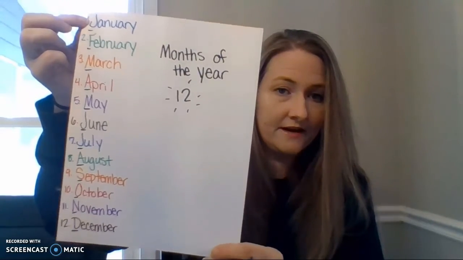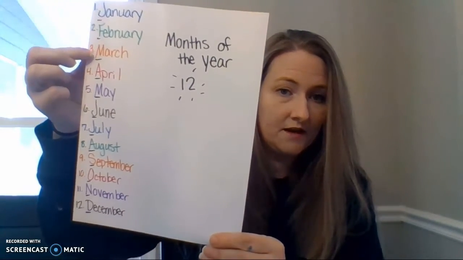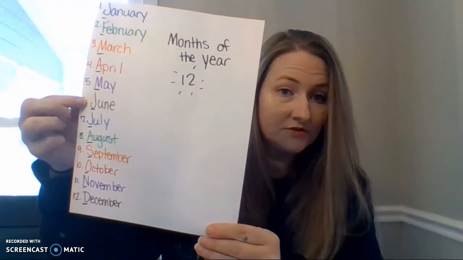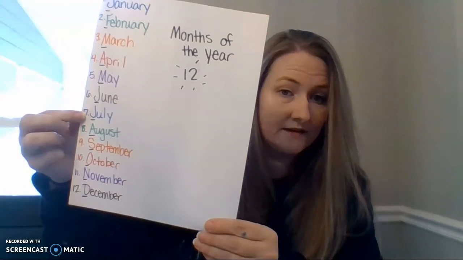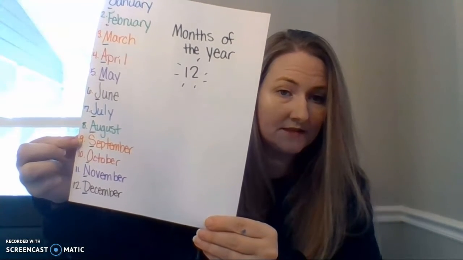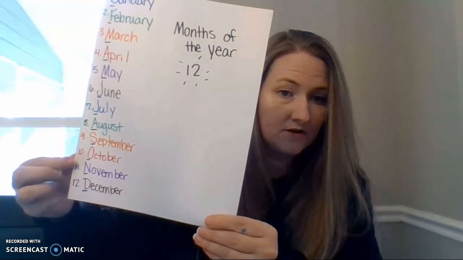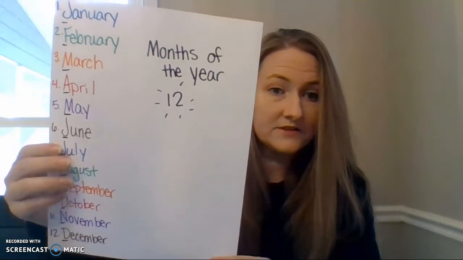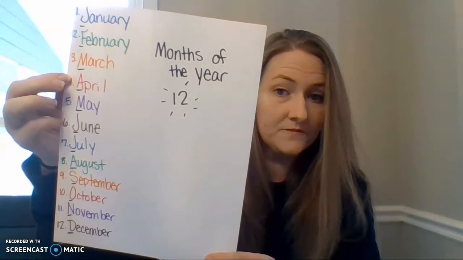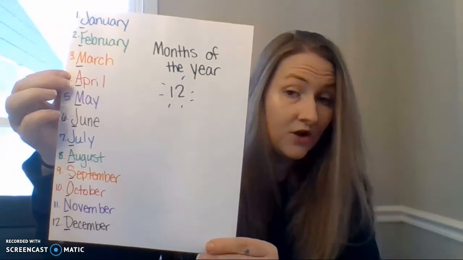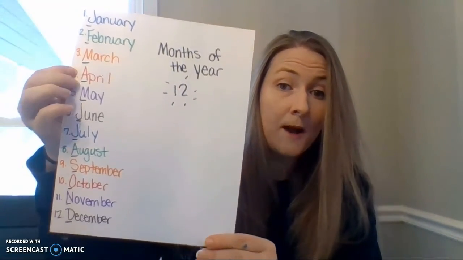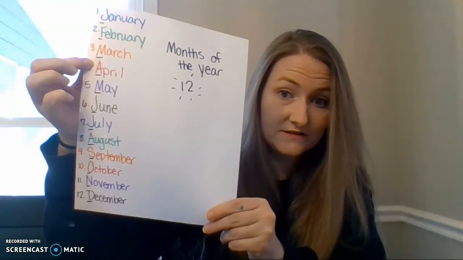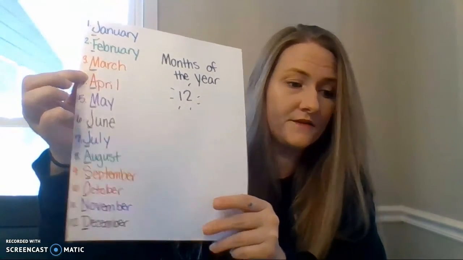So we have January, February, March, April, May, June, July, August, September, October, November, December. Actually, we are in a new month today. We are in April. Yesterday was March 31st, but today is April 1st. So we're in a new month.